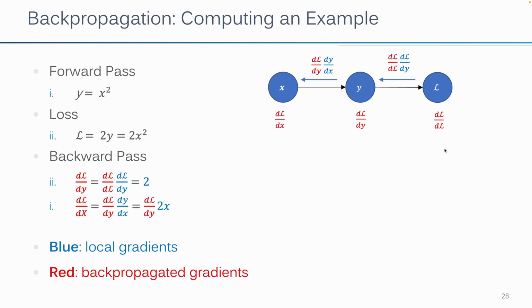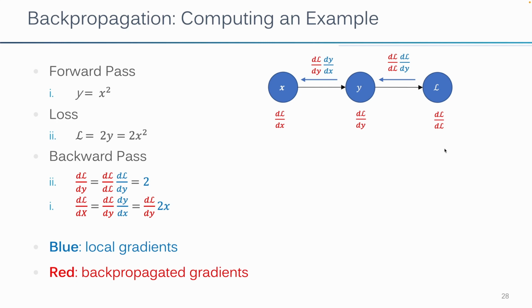The next step is to go back to the weight, to the input. So that's where we do now dL by dx. This should be, of course, a small x. And that's dL by dy, and we computed that in the first step or in the second step. And then dy by dx.